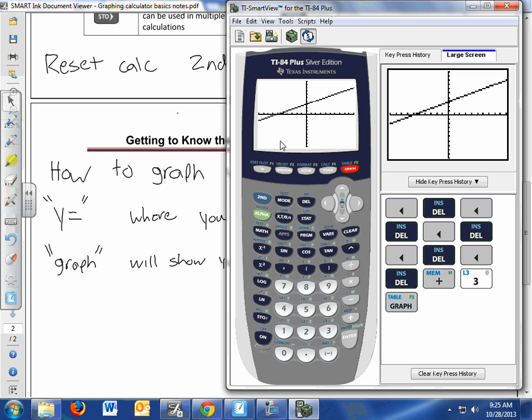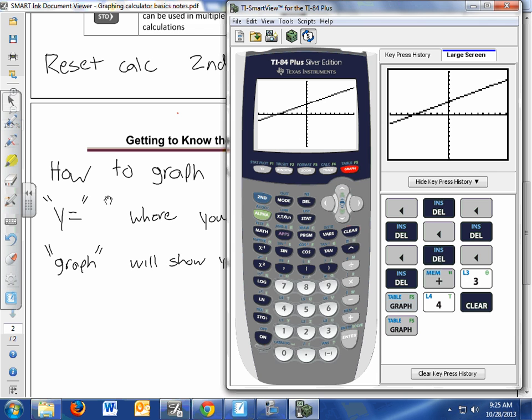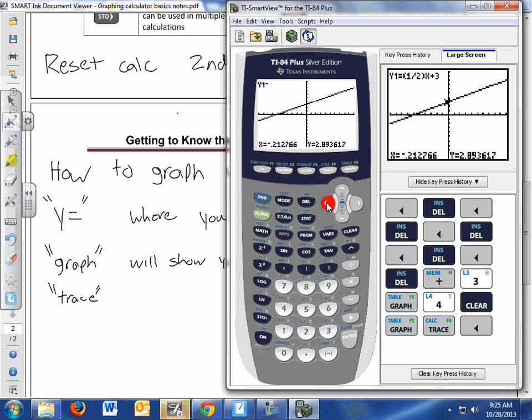Well, there are 2 things we can do. We can either enter in values, or we could press the trace button. Trace will follow along your graph and show you solutions.